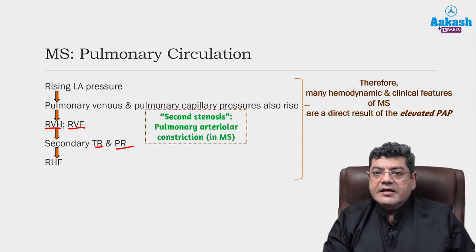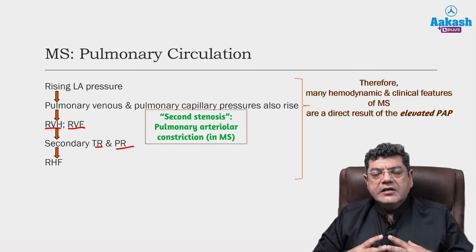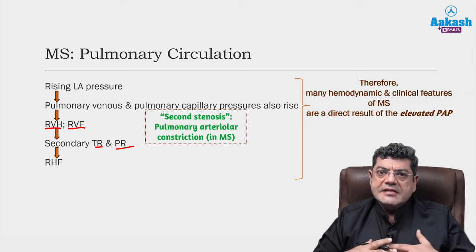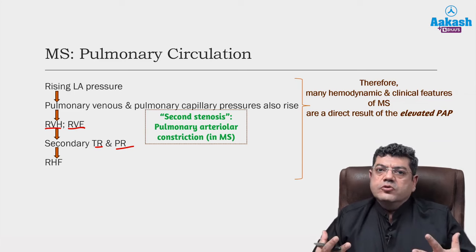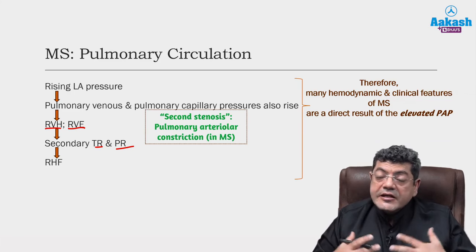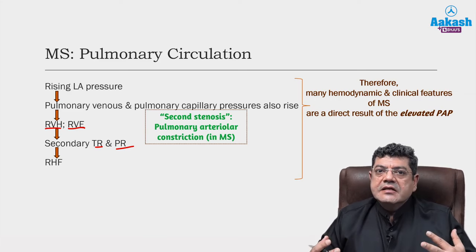Another thing that happens is that the lung volumes fall. Again, in the initial stages, the pulmonary vasculature has not yet become thickened or fibrosed, and there is a leakage of fluid into the interstitial spaces of the lung.